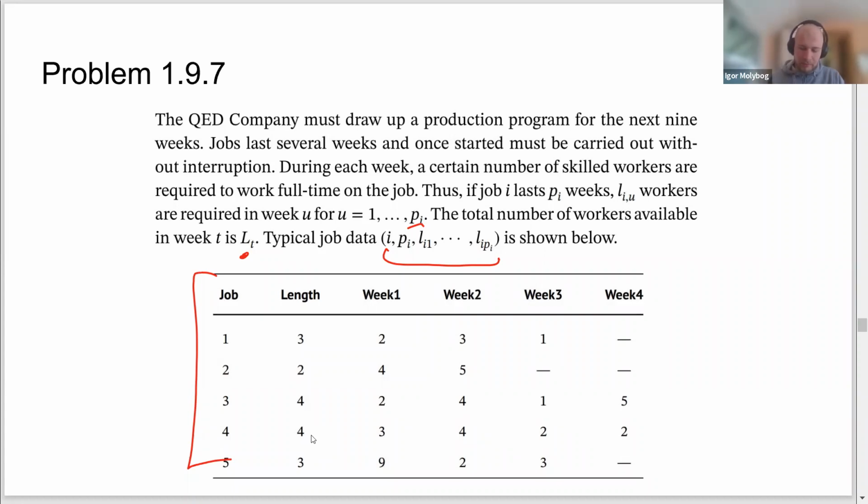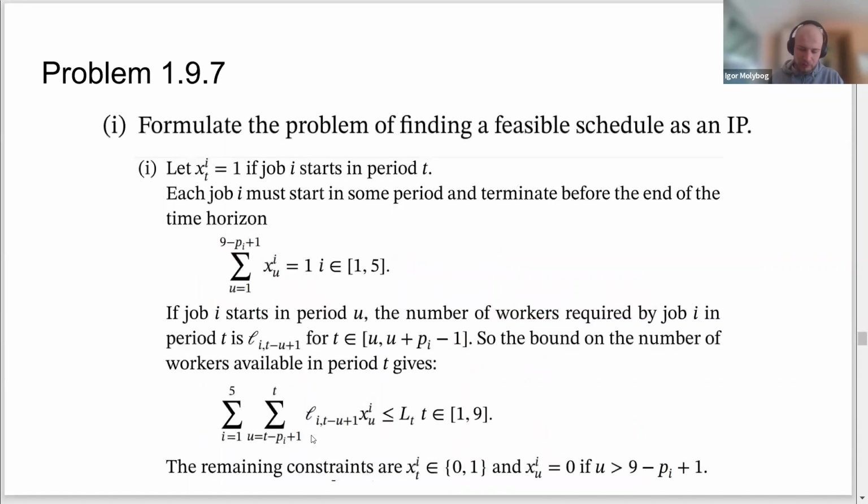So we need to plan ahead exactly how we're going to distribute our people among jobs. First of all, we need to formulate the problem of finding a feasible schedule as an IP problem. Let's introduce the binary variable x_it, which is going to be equal to 1 if job i starts in period t.